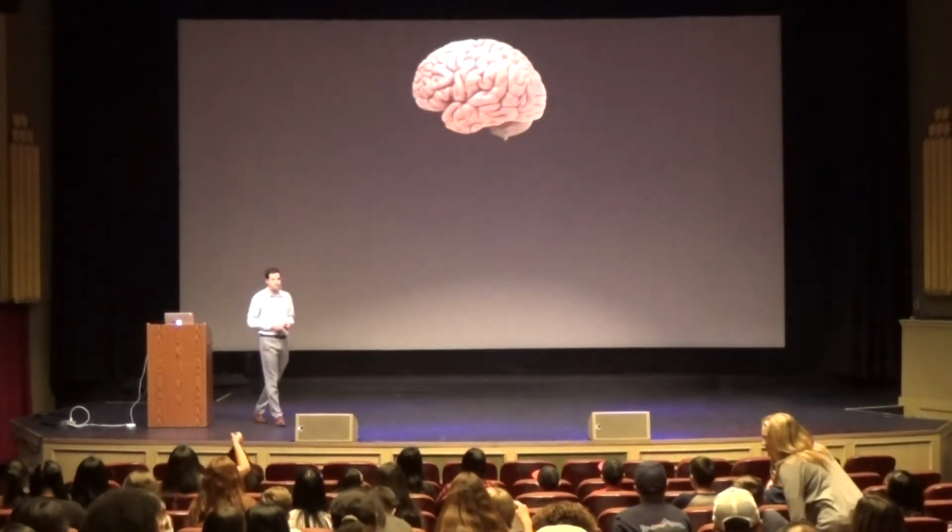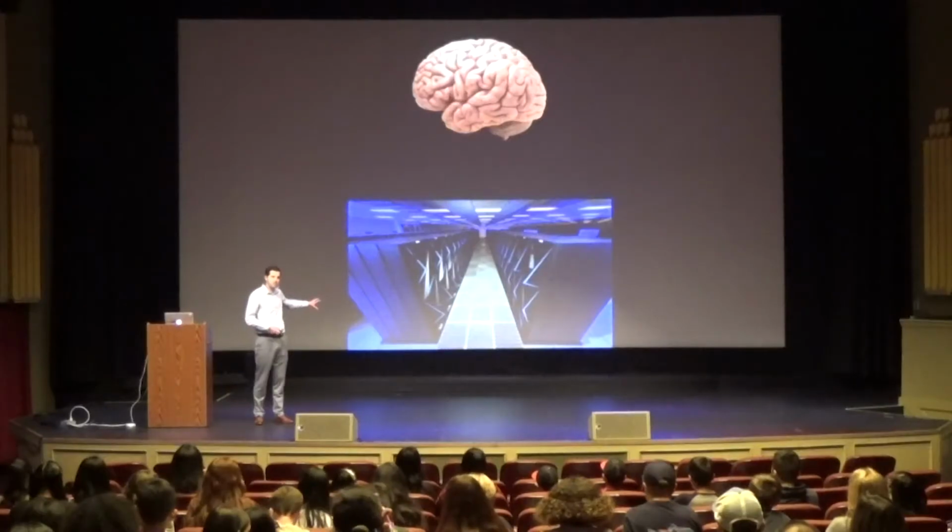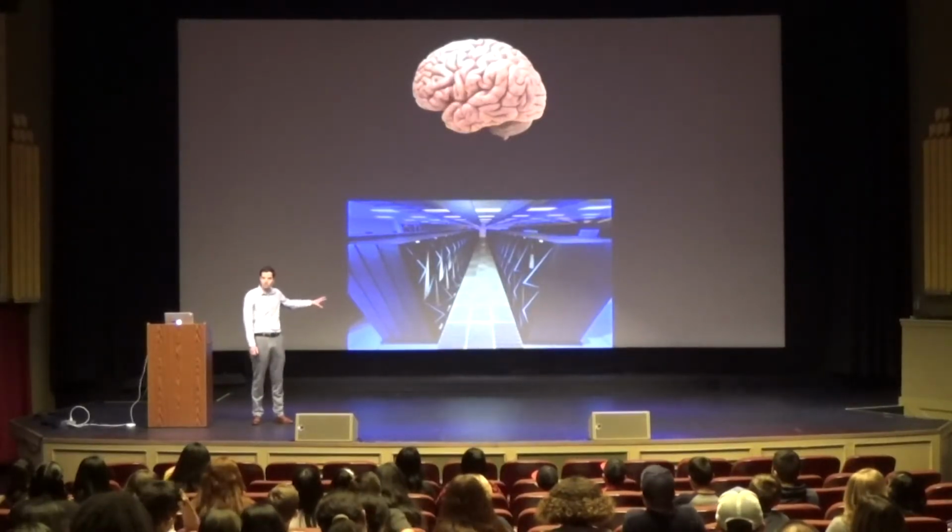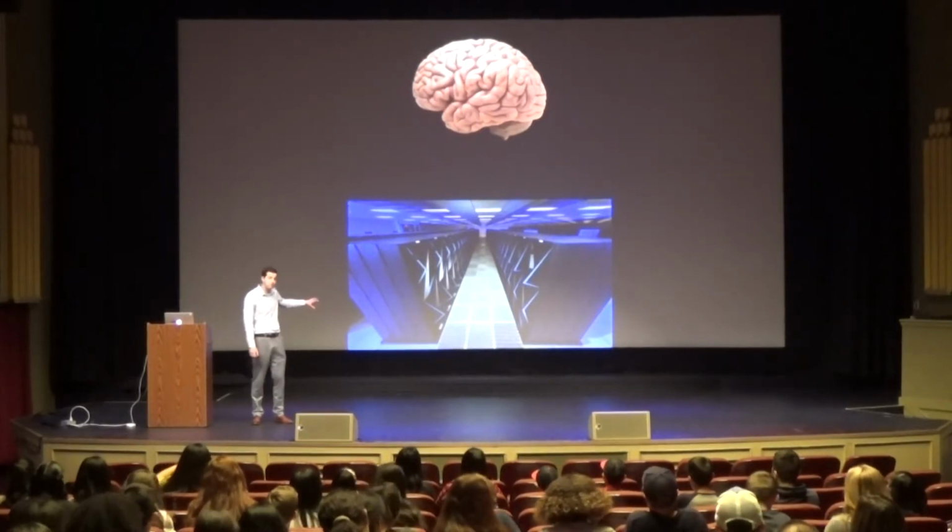Today we'll be talking about the brain. We'll be talking about how it works and what it's made up of. We'll also be talking about computers. So on the bottom here, this is a picture of one of the largest and most powerful computers in the world. It's at Lawrence Livermore National Laboratory.